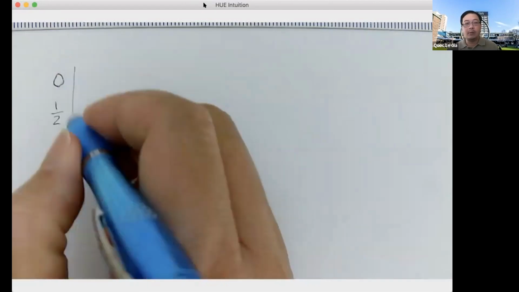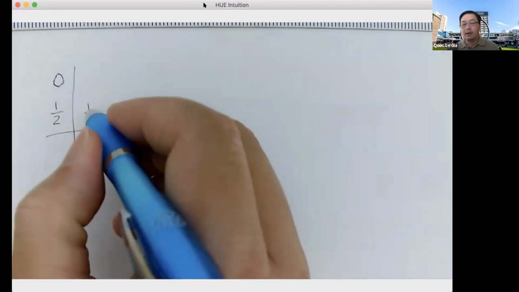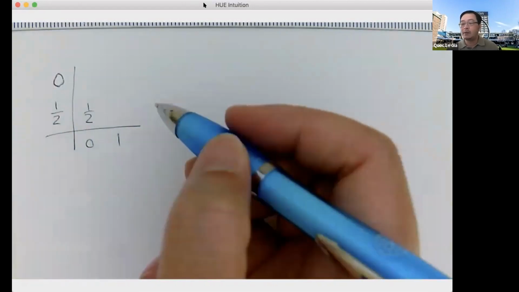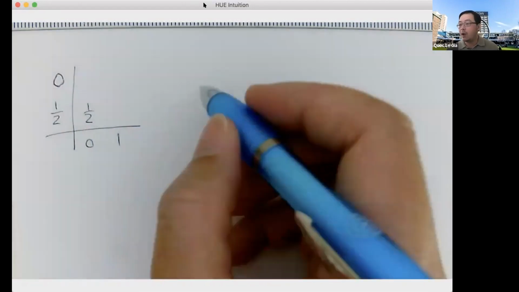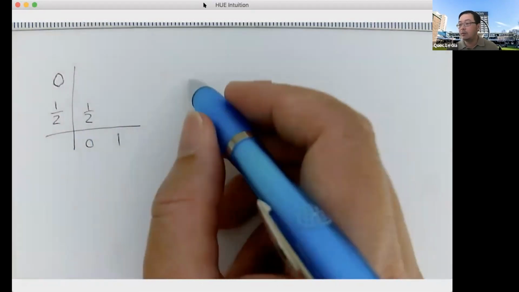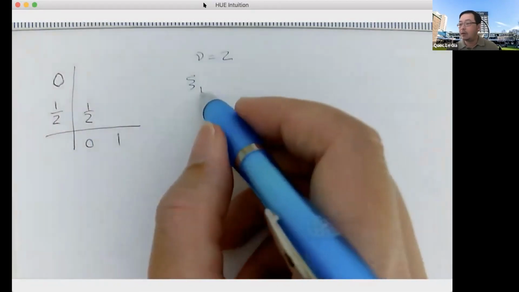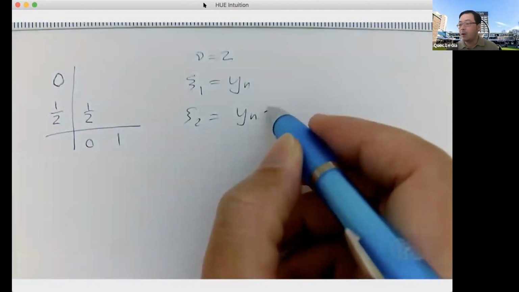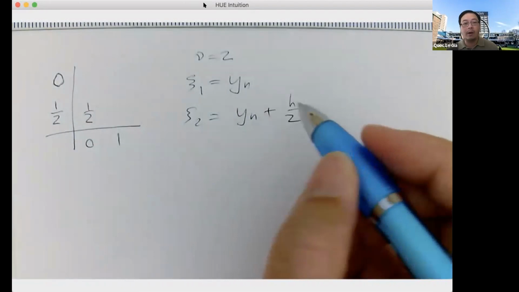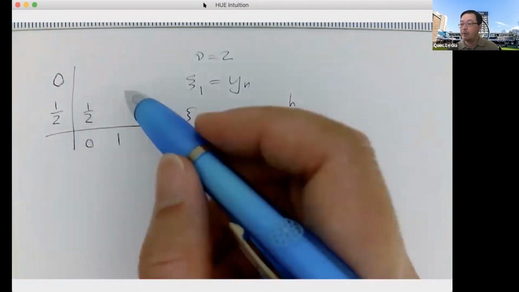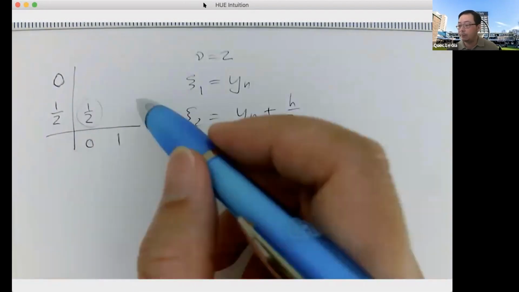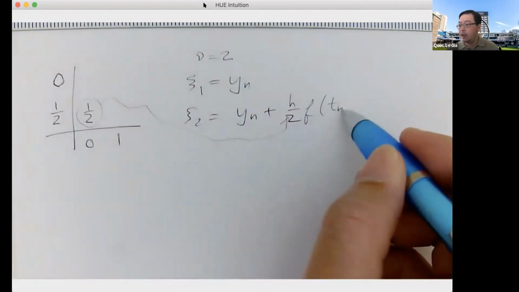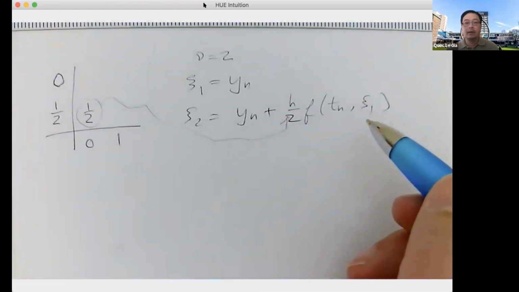But anyway, we can write it down again. So 0 and 1, right? Here there are two rows, so you have nu equal 2. And you get xi1 equal yn, xi2 equal yn plus h over 2 f(tn, xi1). The h over 2 comes from this number here.